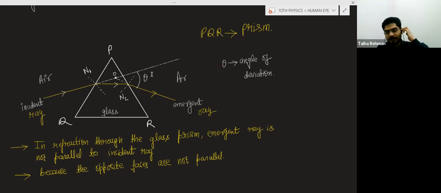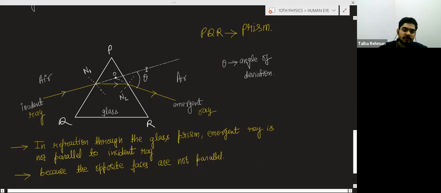So what happened after this? Newton, in the year 1665, had done an experiment. He took a glass prism and passed sunlight or white light through that prism, and he used one screen also.